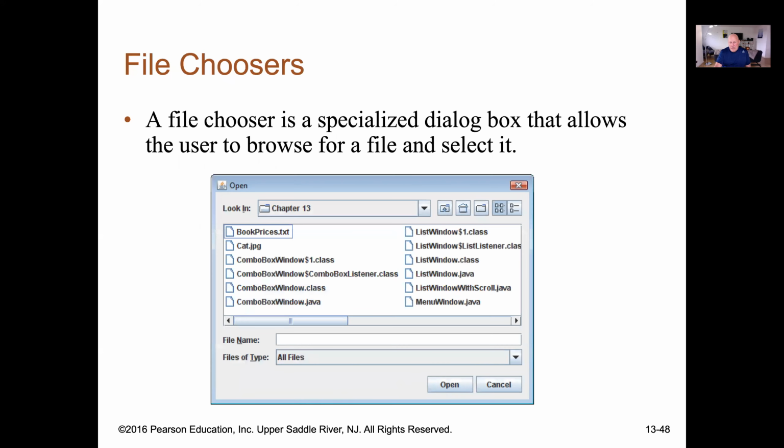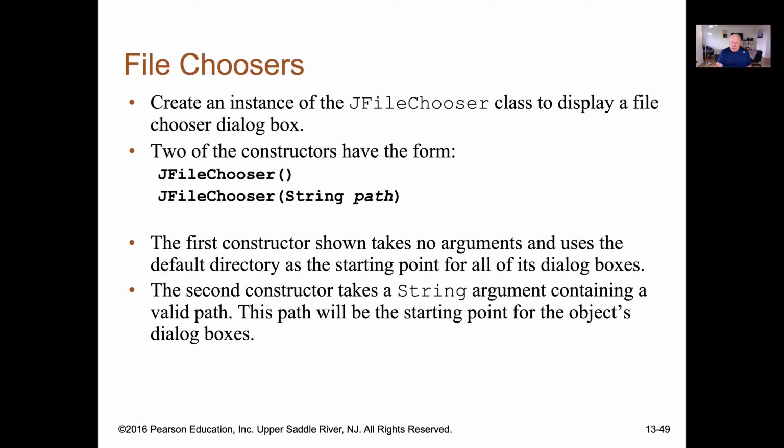A file chooser is a specialized dialog box that allows the user to browse for a file and select it. You use the JFileChooser class to display a file chooser dialog box.